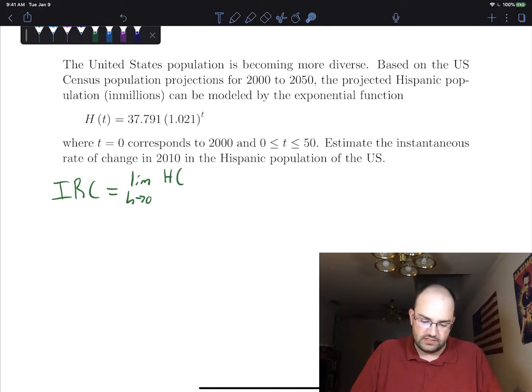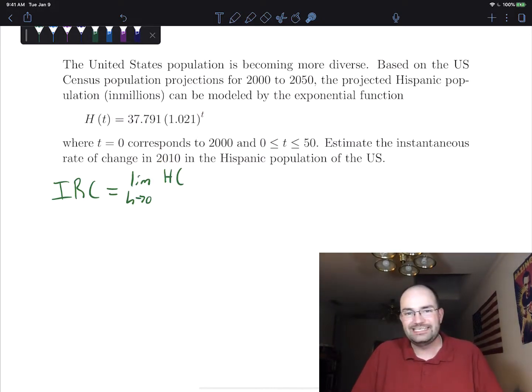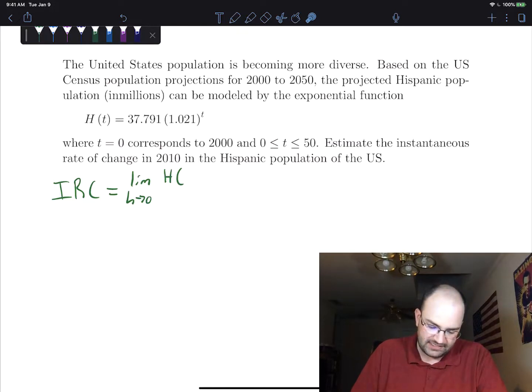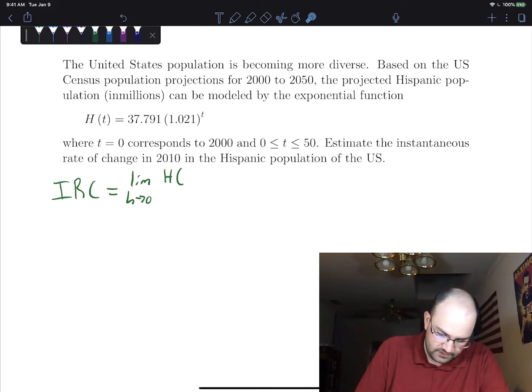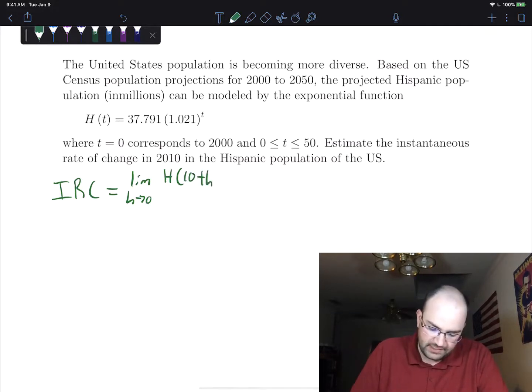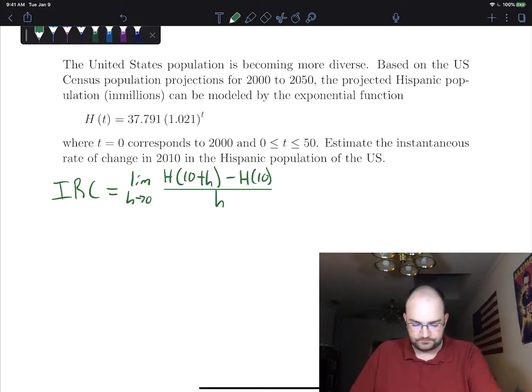If we're working in the year 2010, that means that t is 10. So it's going to be the limit as h goes to 0 of H of 10 plus h, minus H of 10, all over h.